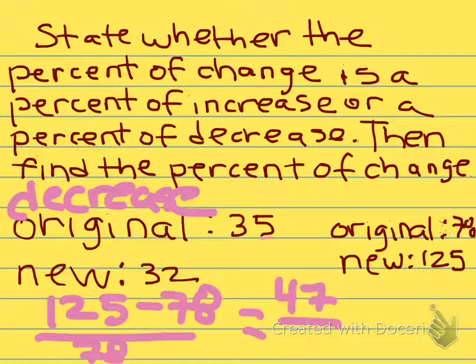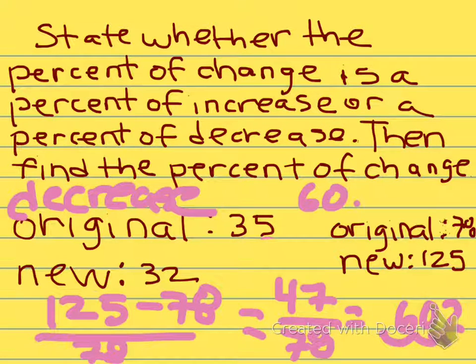And 47 over 78 I need to change into a percent. So I'm going to divide 47 divided by 78, which gives me about 0.602. And I'm going to move the decimal place 2 spots to the right to get 60.2, and that's going to be my percent.